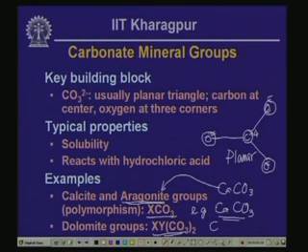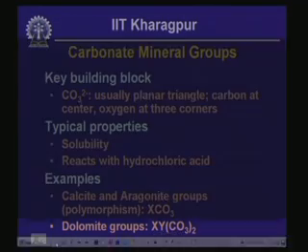So, aragonite is essentially a polymorph of calcite. Aragonite is a mineral that is more rare actually than calcite, and aragonite forms under high pressure but low temperature environments.